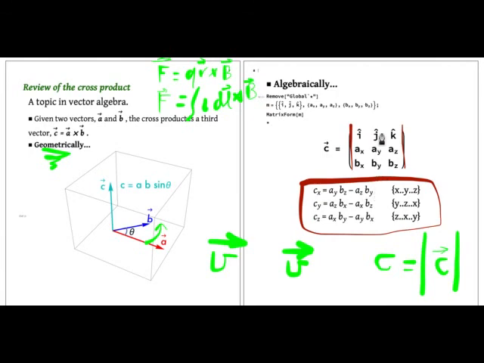The Y component is AZBX minus AXBZ, like here. The Z component is AXBY minus AYBX. So this determinant is an easy way to remember how to calculate cross products. That works for Cartesian components. Now, sometimes we'll use polar coordinates, cylindrical coordinates, or spherical coordinates. And then this doesn't help you so much. But we'll see some examples of that.